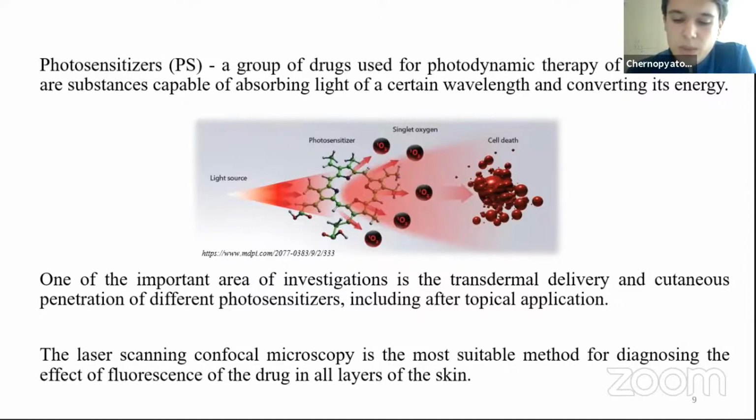One of the more important areas of investigation is the intradermal, transdermal delivery and cutaneous penetration of different photosensitizers, including after topical application. Laser scanning confocal microscopy is the most suitable method for diagnosing the effect of fluorescence of the drug in all layers of the skin.